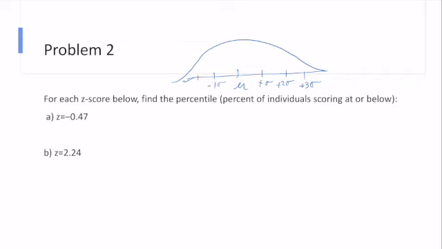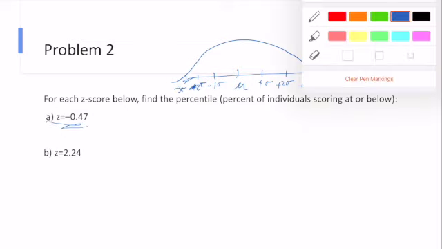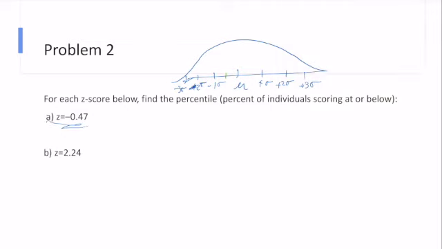But when you look it up in the z-table, what it tells you is the area to the left of that point. So let's go ahead and mark where I have a z-score of 0.47 right here. If I look this up in the z-table, it's going to give me this green area over here. So we're going to find the area of the green over here from our z-table.